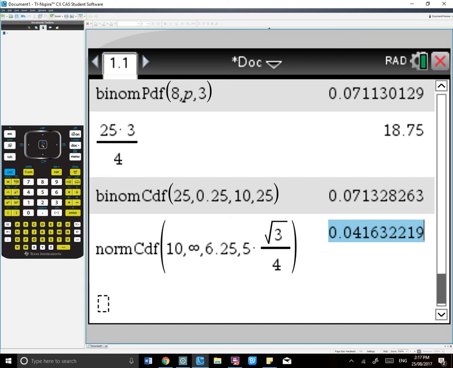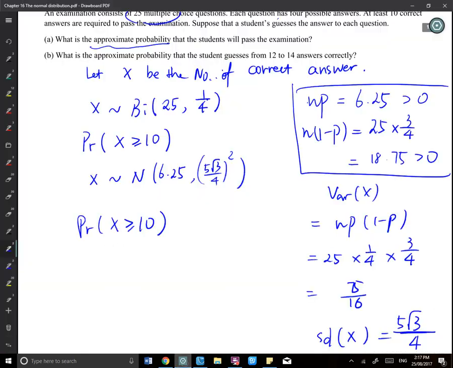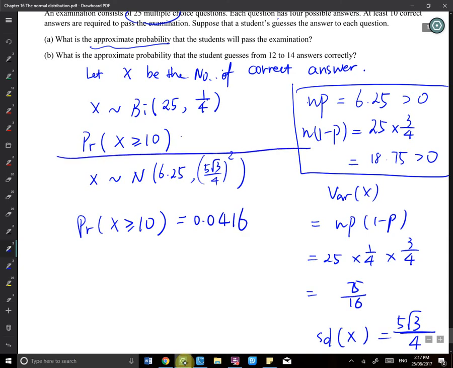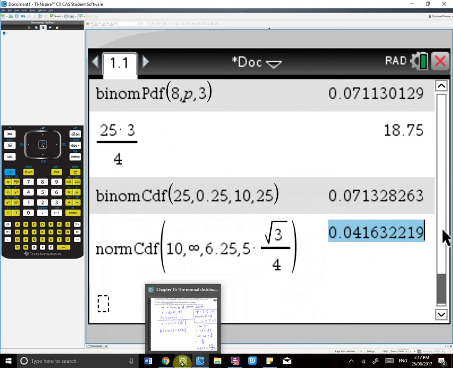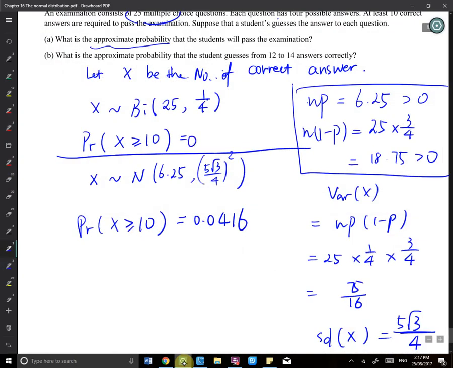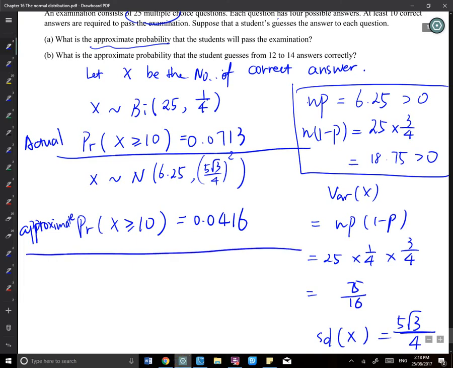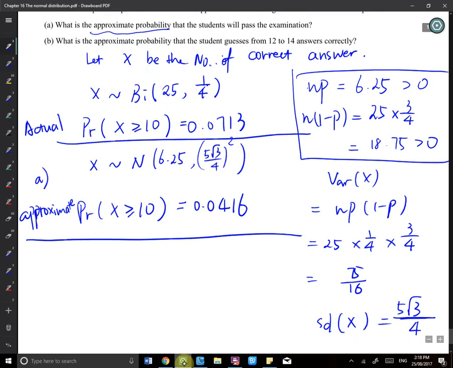So the approximate is 0.0416, and the actual is 0.0713. Actual and approximate, you use binomial and you use normal, that's two different answers. That's the answer for A.